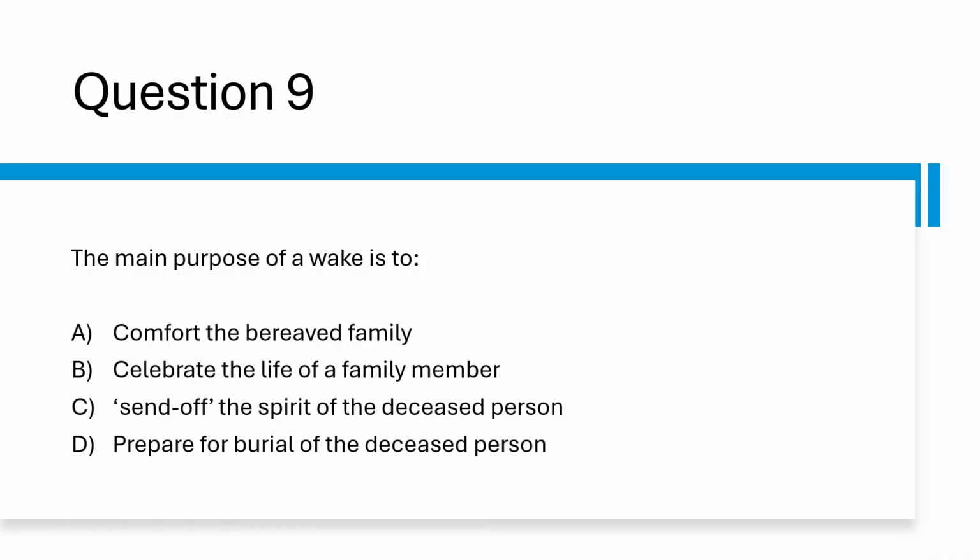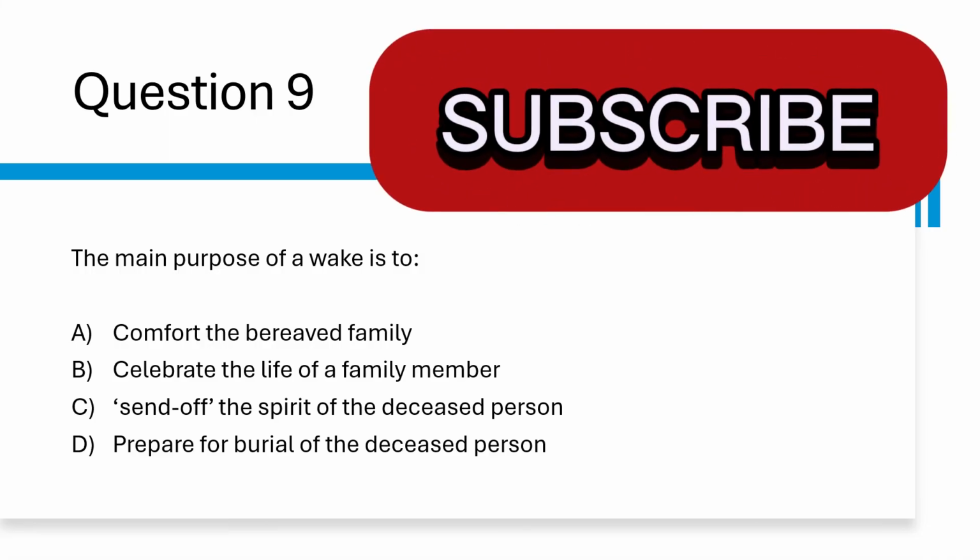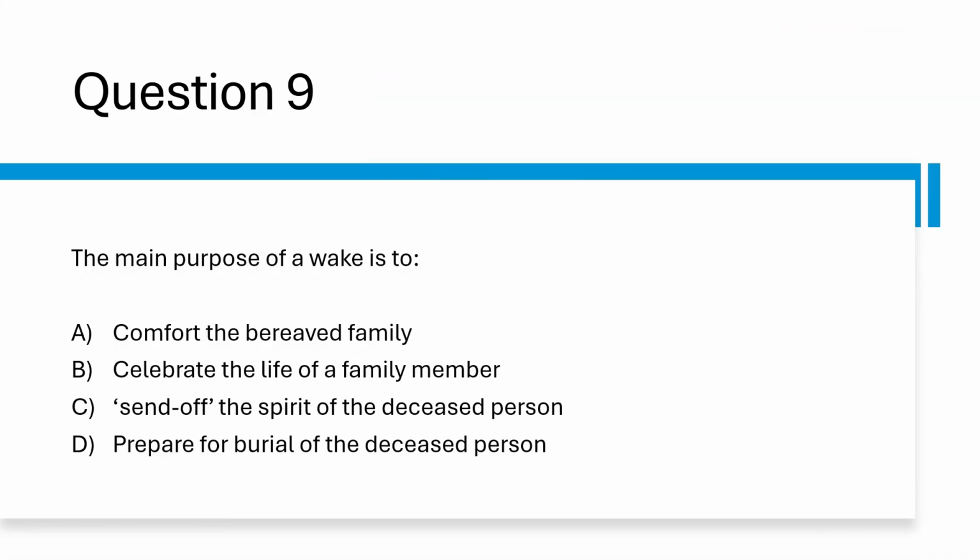Now, yes, at a wake we also comfort the bereaved family, but that's not the main purpose. The main purpose of a wake is a celebration of the life of the deceased and to usher the person into the next world. And so you want to send them off in fine style.